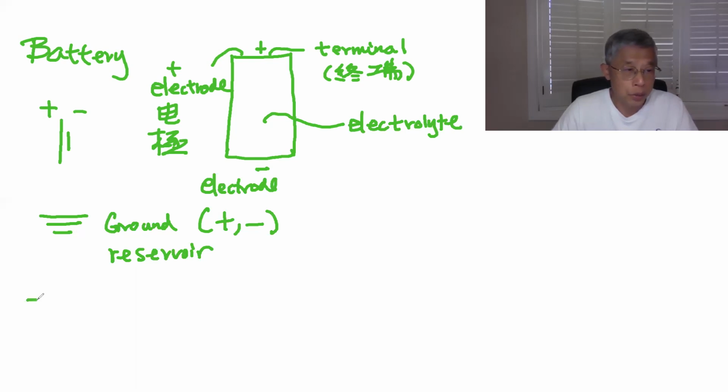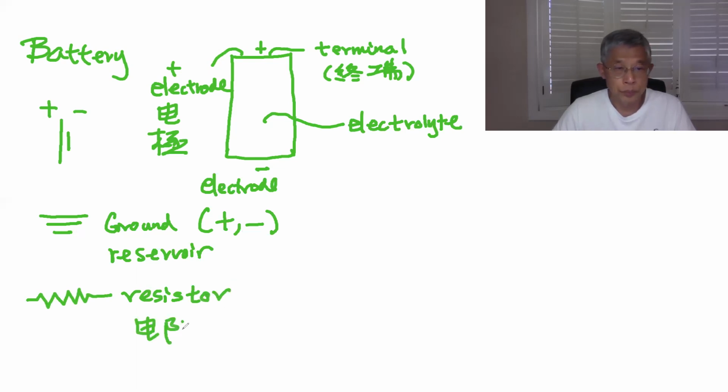And then we're going to also give you the symbol of resistance now. Resistor, okay? So 电阻. All right. And with that, we're going to start talking about Ohm's law.